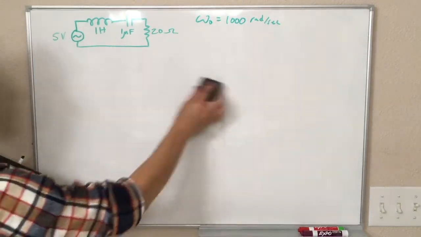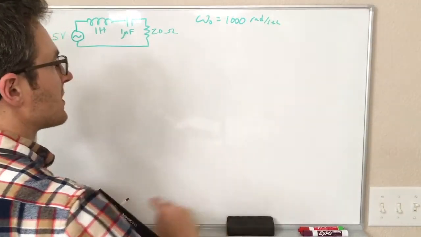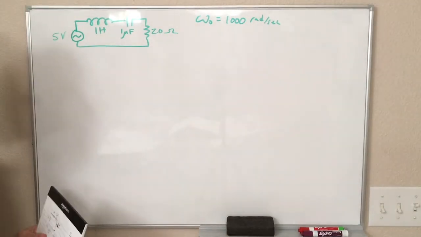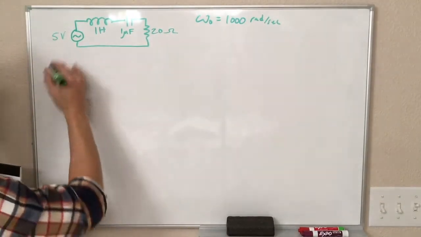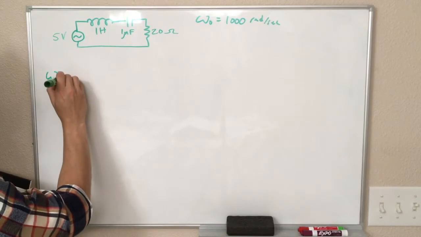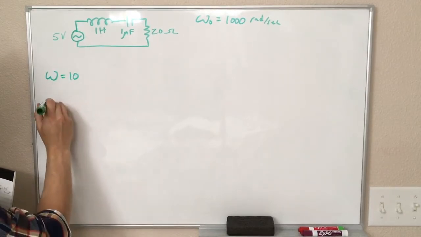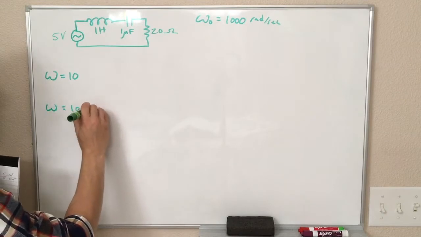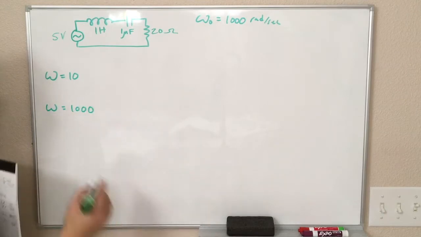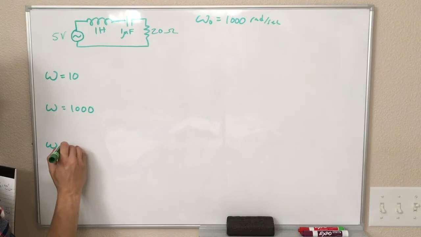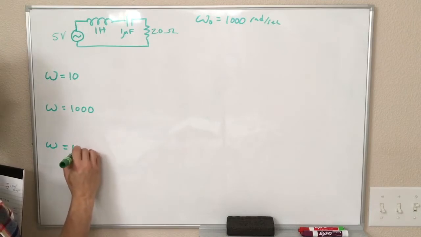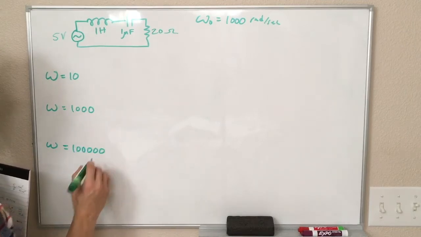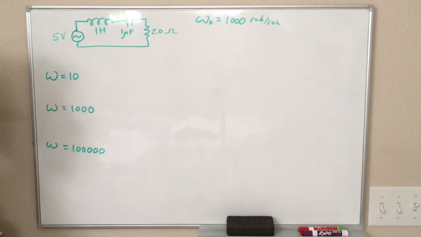Okay, so let's calculate the response of this circuit to different frequencies. So let's make a table here. So let's look at omega equals 10 radians per second. That's roughly 1 hertz. Omega equals 1,000 radians per second, which like we said is roughly 159. And then omega equals 100,000, which is 100 times higher than 159.